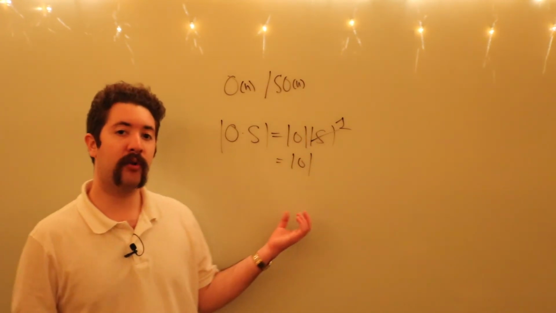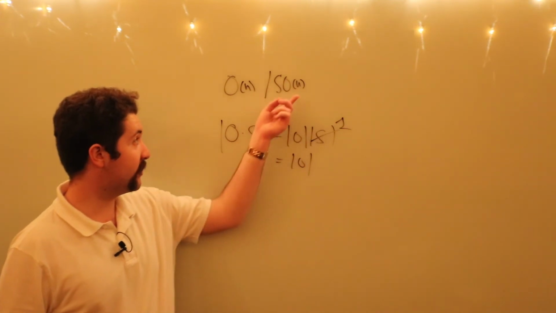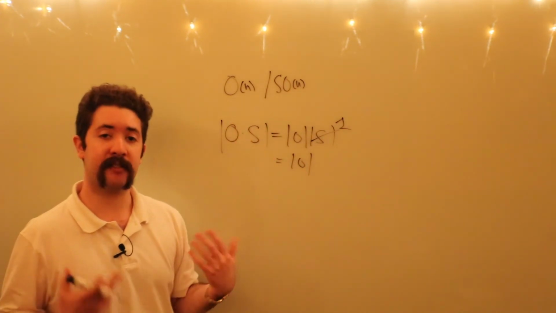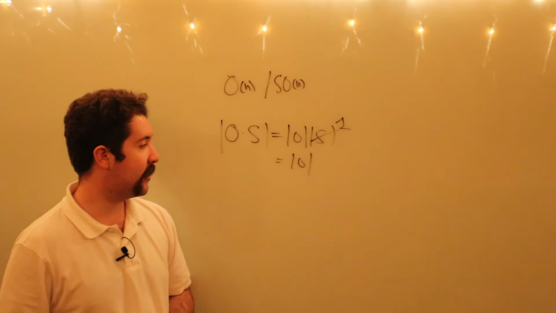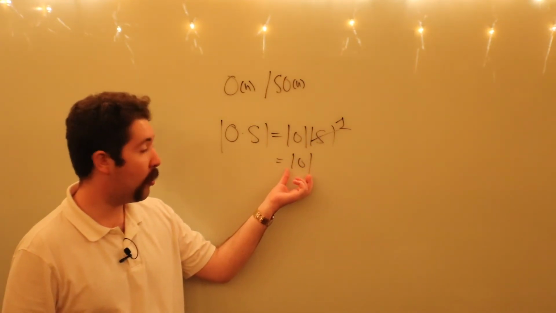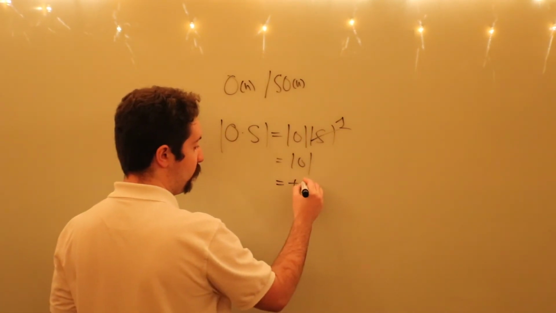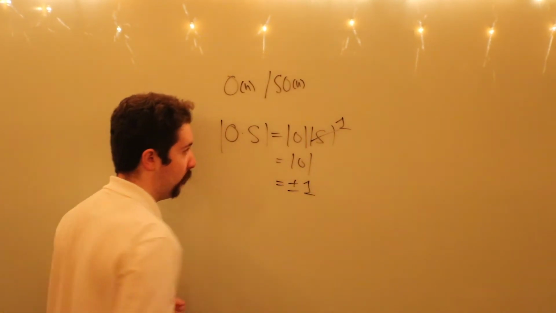Now, O only has two possibilities, right? And the determinant is what distinguishes these two groups, essentially, at least in their matrix representations. And so the determinant of O could only be one of two choices, right? It could be positive 1 or it could be negative 1.